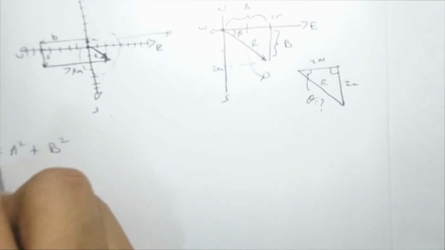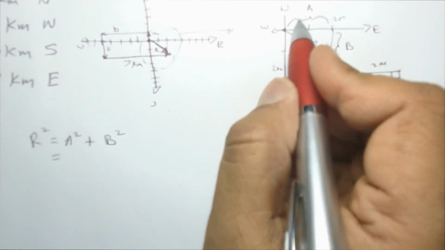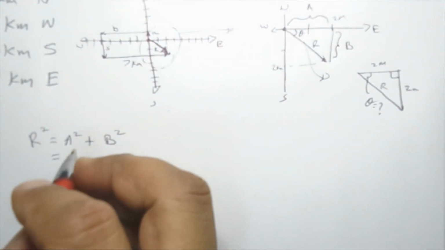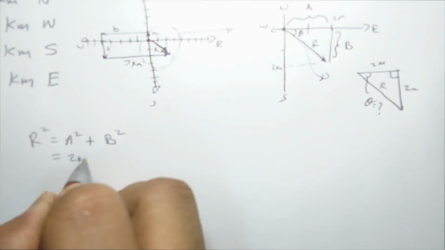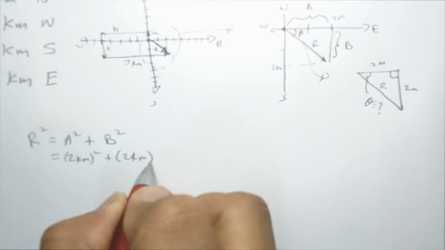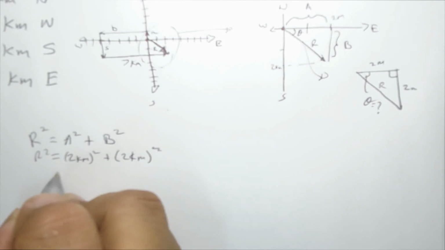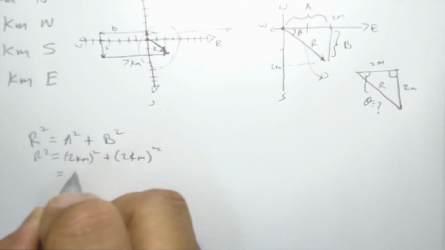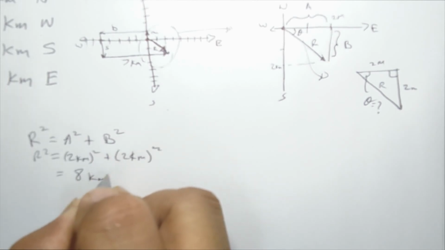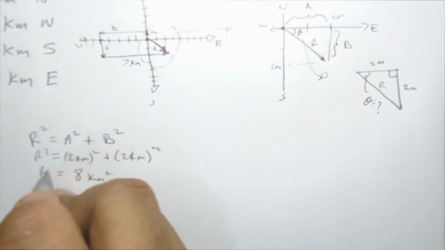So if you put all this information in here, you can see it's 2 kilometers squared plus 2 kilometers squared, which equals 8 kilometers squared, and this equals R squared.